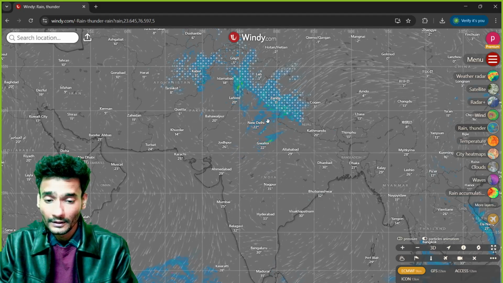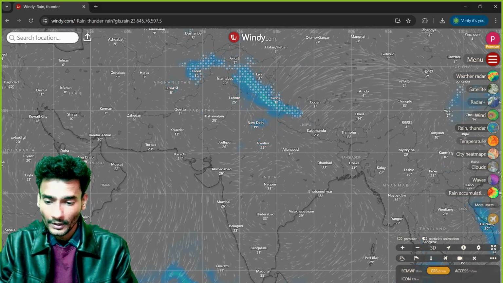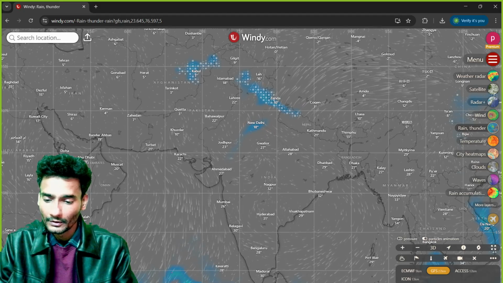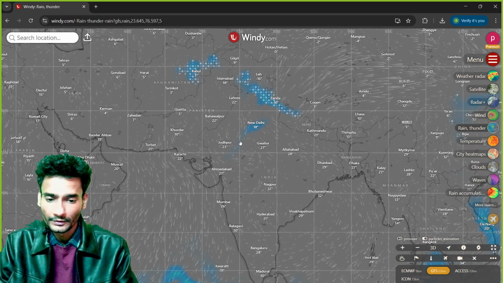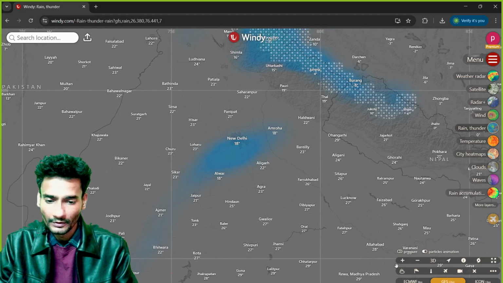So Delhi NCR can receive some good spells tonight from midnight till morning. This is to be noted clearly, that Delhi NCR is going to receive a significant amount of rainfall during the night.